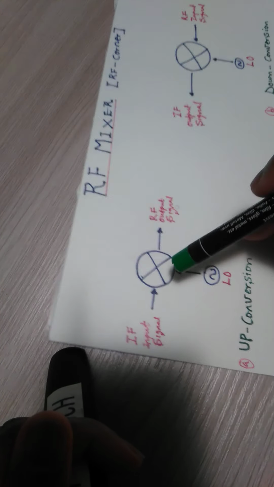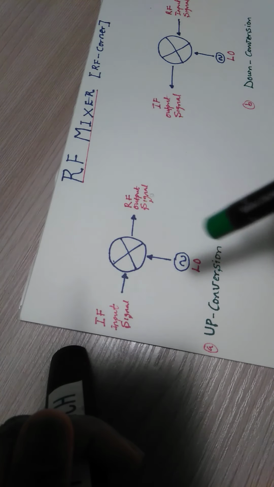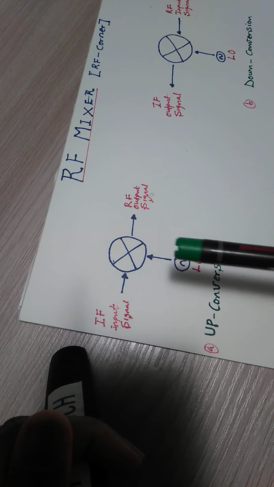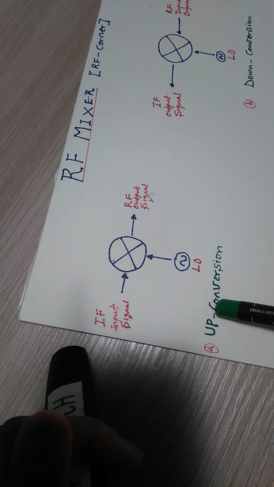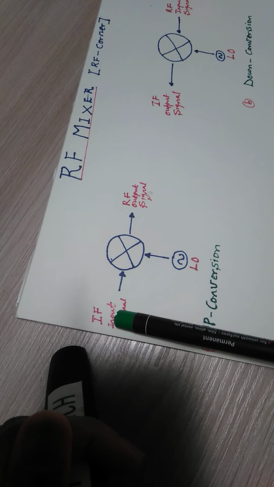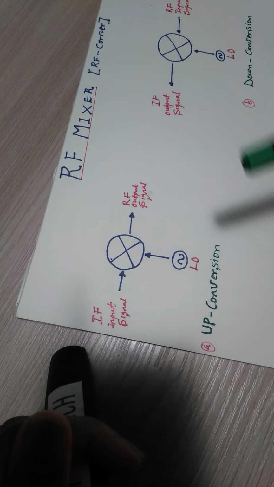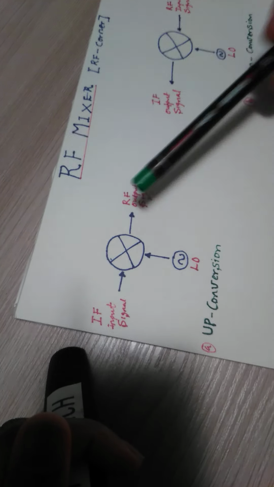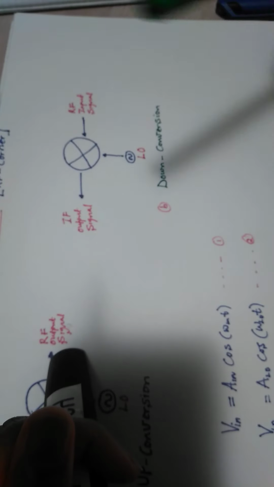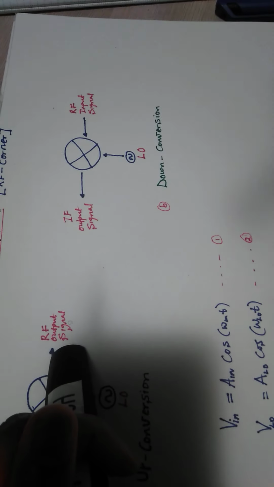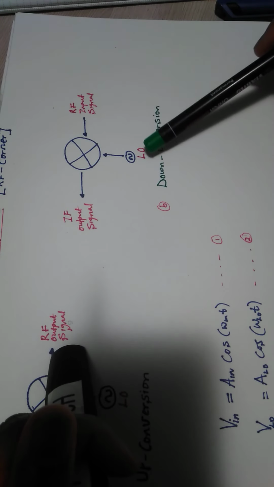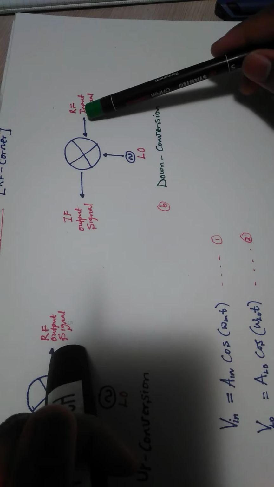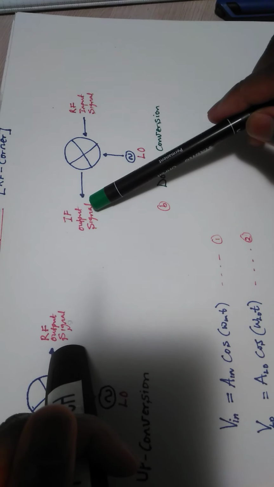So in summary, you could either have your mixer in up conversion, which is when you are sending an intermediate input signal with the local oscillator signal and you are generating an RF output signal. Or you have a down conversion in which you have the local oscillator and the RF input signal to generate an intermediate output signal.